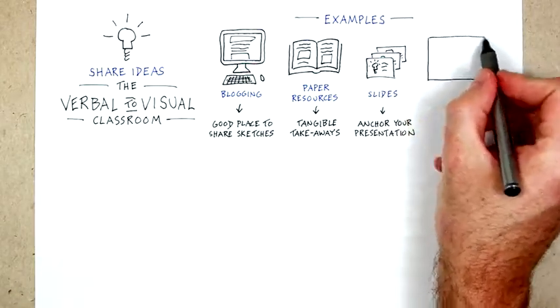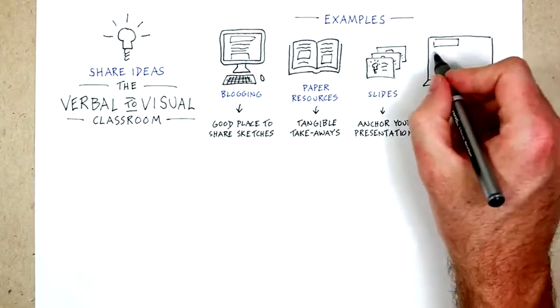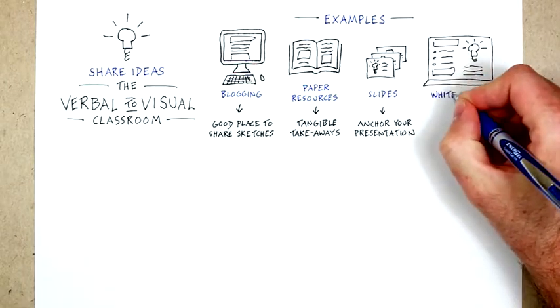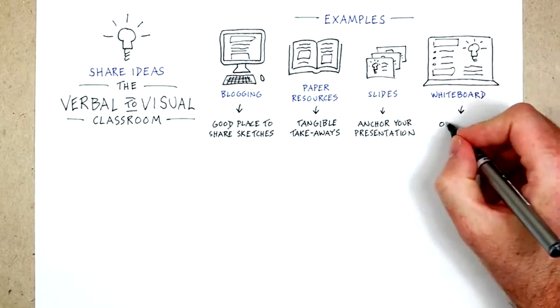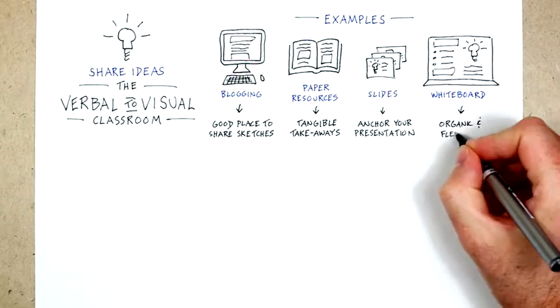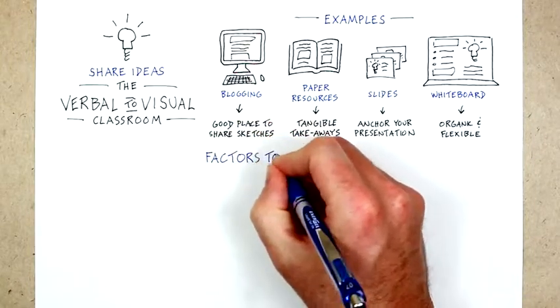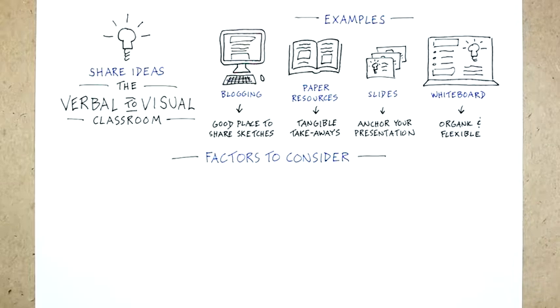And if you're in presentation mode but want to keep it a bit more organic, you could slowly fill a large chalkboard, whiteboard, or poster paper with sketches, text, and diagrams. You can likely think of other examples of idea sharing as well, so keep both these ideas and your own examples in mind as we move now to the important factors to consider when sharing your ideas visually.